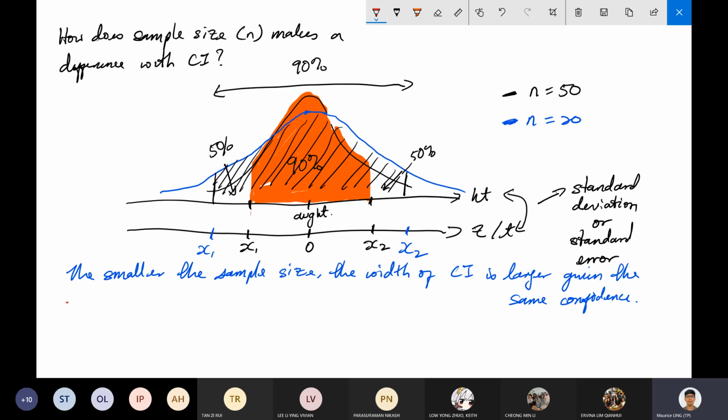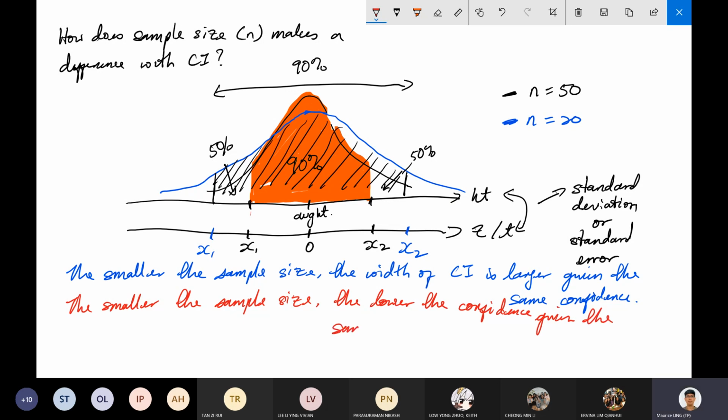Okay, so the smaller the sample size, the lower the confidence given the same width of the confidence interval.